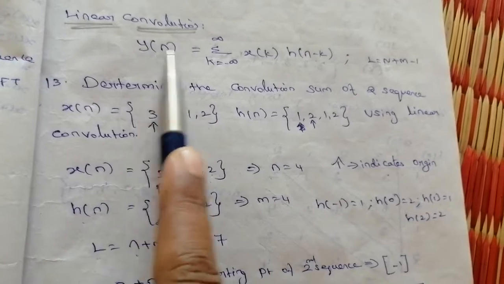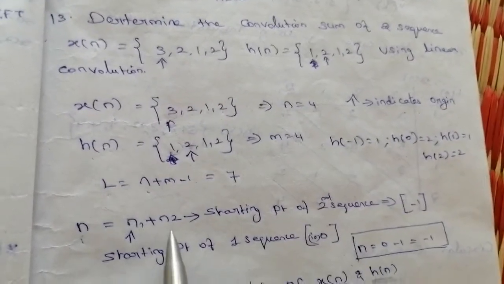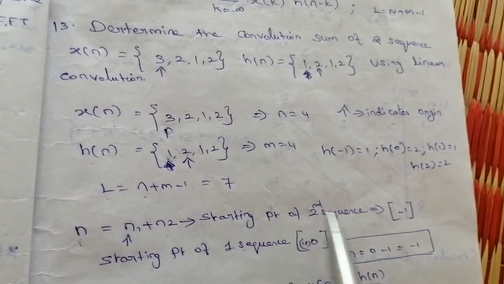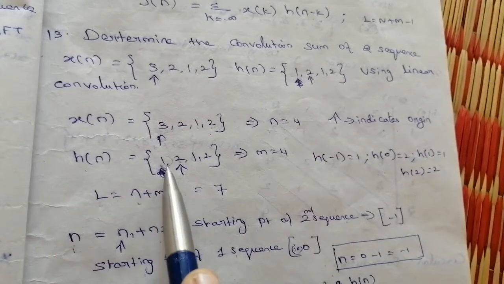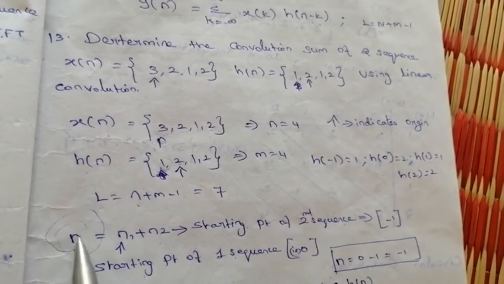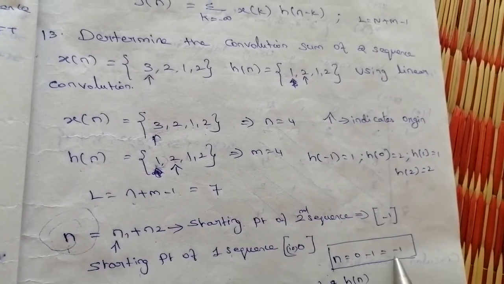So we have different starting points. How do we calculate them? Let's see. n equals n1 plus n2, where n1 is the starting point of the first sequence, that is 0, and n2 is the starting point of the second sequence, which is minus 1. So the starting point of y of n is n equals n1 plus n2, that is 0 minus 1 equals minus 1.